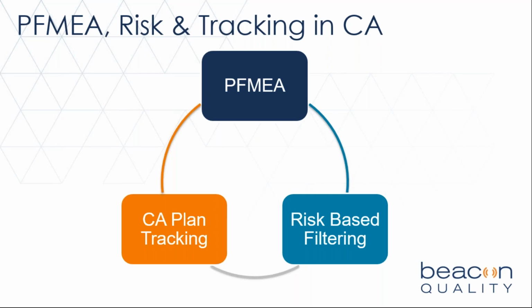I was one time at a customer and he basically asked me two questions. Do you have a good occurrence? How do you know that? And how do you know it's being detected? So use your PFMEA to track your corrective action tracking plan, and use your risk. Your RPN numbers will calculate your risk, how big your risk is, depending on your critical characteristics, significant characteristics, high impact characteristics, and how it affects the customers.